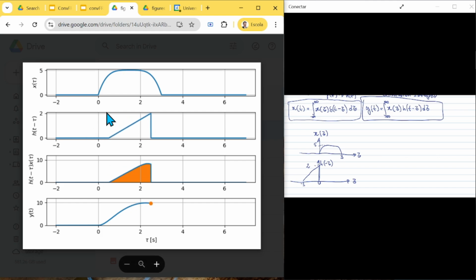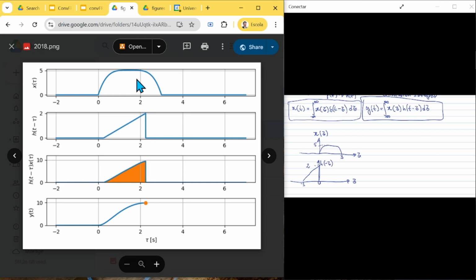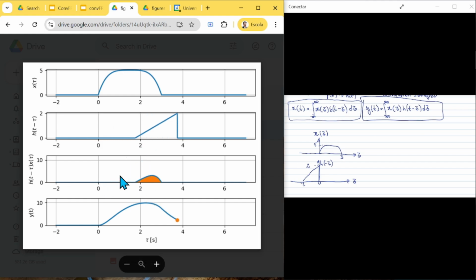Here in this interval, since this one is shorter than the other, I have an interval where the limits are only defined by this one, so from t minus 2 to t. And then there is another case where the limits are t minus 2 to 3, which is the end of this signal here. And then finally I have 0 juxtaposition.